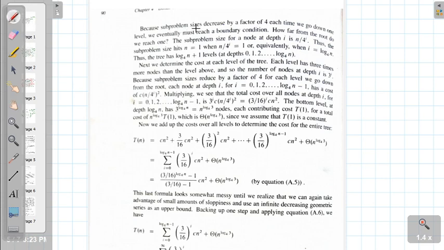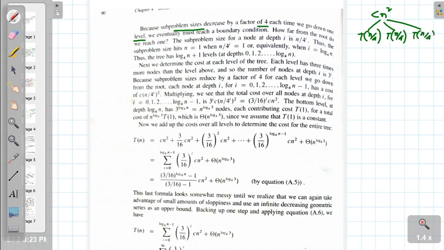Because subproblem sizes decrease by a factor of 4 each time we go down one level. First is Cn square, then one level down the subproblem size becomes n by 4 from n.